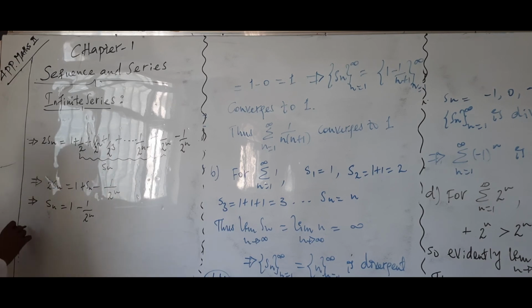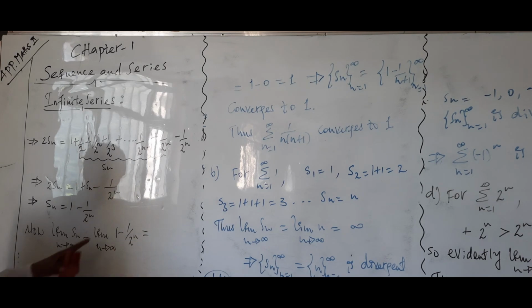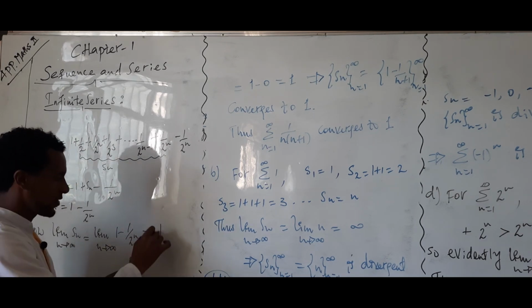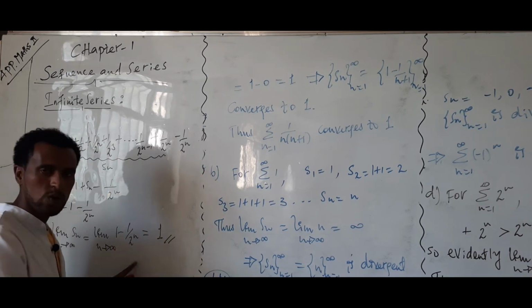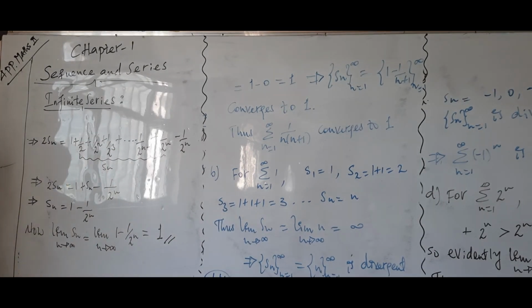Now, compute the limit of Sn as n goes to infinity. The limit of Sn as n goes to infinity is equal to the limit of 1 minus 1 over 2 to the power of n as n goes to infinity. That is equal to 1.